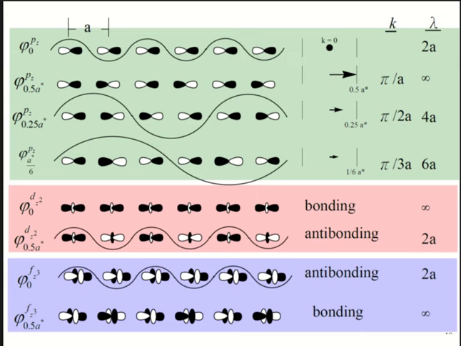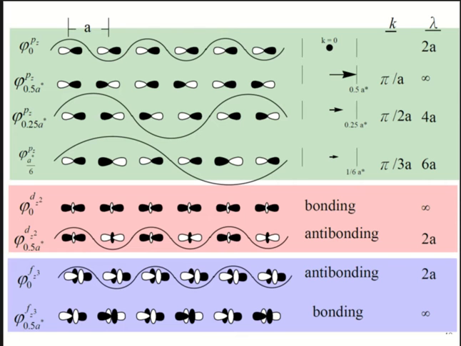The most bonding orbital here would be this, when the constructive interference is happening in all of them, and this is the most anti-bonding orbital, where each next orbital placed has destructive interference between them.